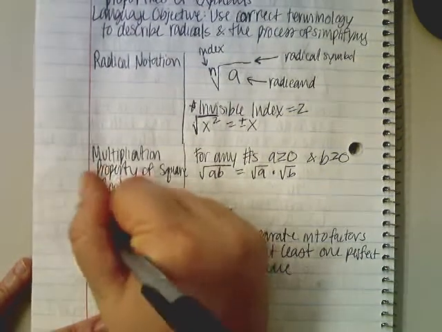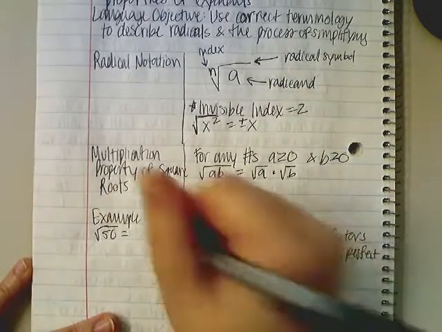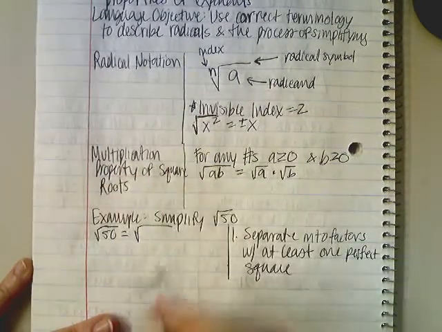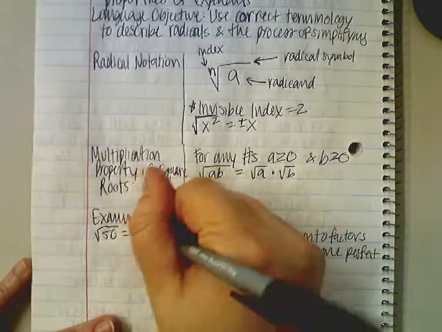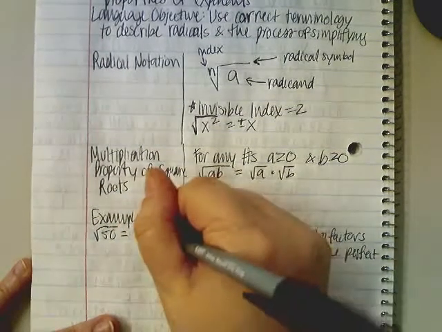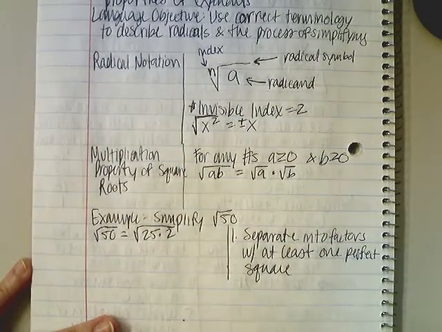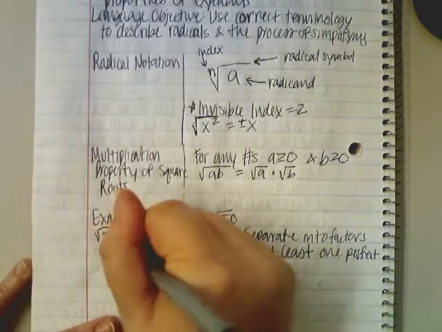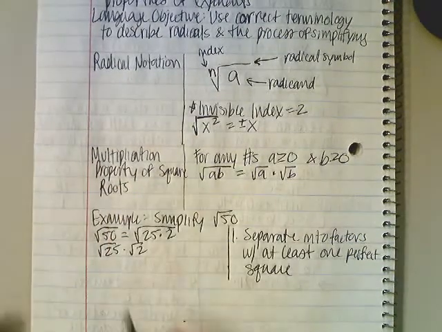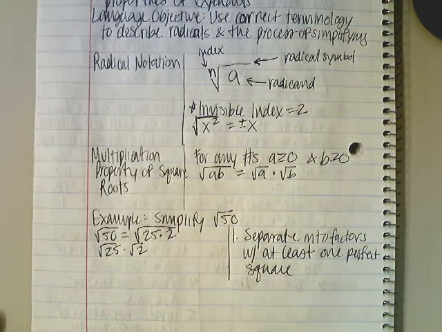So I'm going to take the square root of 50 and break it into two factors. I know one factor of 50 that is a perfect square is 25. So I can say 25 times 2. Then I can separate that into two different radicals. Instead of writing it as the square root of 25 times 2, I can write it as the square root of 25 times the square root of 2.